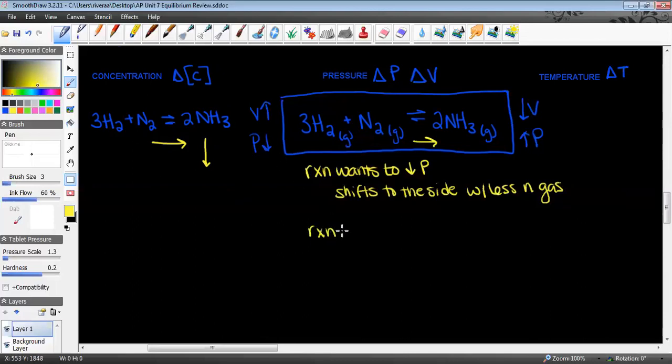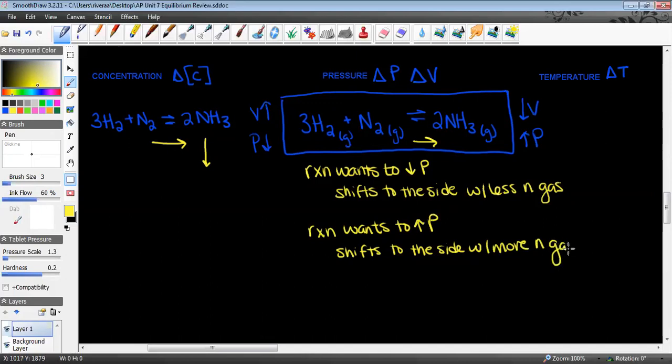The reaction wants to increase the pressure, and so it shifts to the side with more moles of gas. In this case, the reaction would shift left. Now, if you have the same moles of gas on both sides, the reaction is out of luck. It's not going to be able to achieve a new equilibrium position.